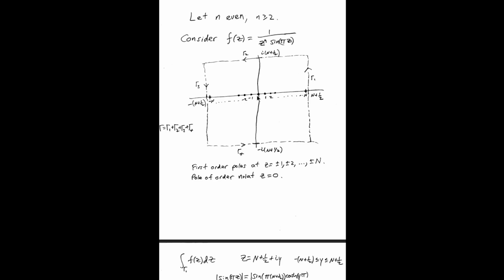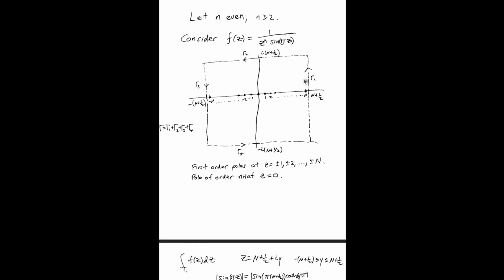Now the absolute value of z on this path is going to be greater than or equal to n plus 1/2. The absolute value of z is the distance from the origin, and the smallest that can be is from 0 to n plus 1/2.